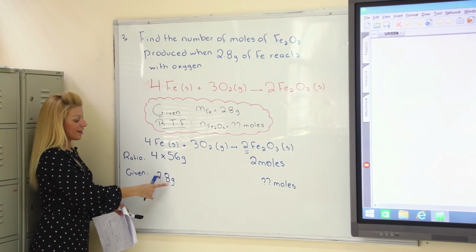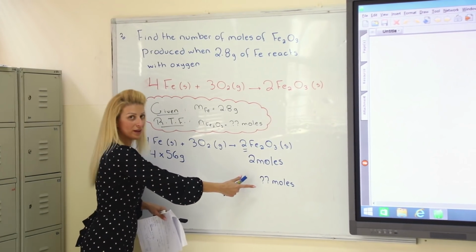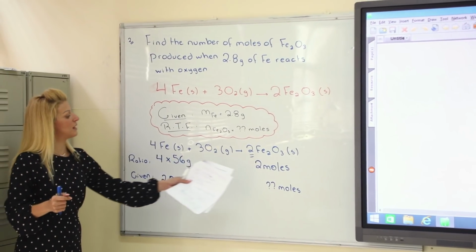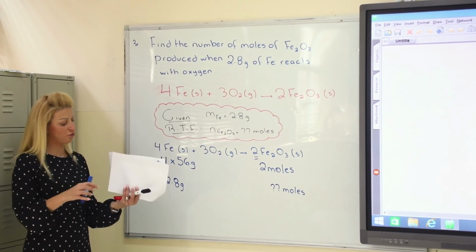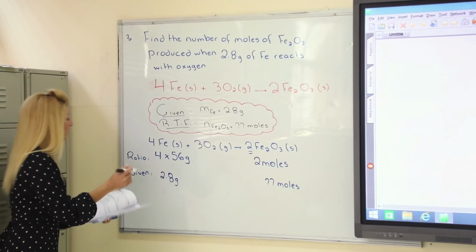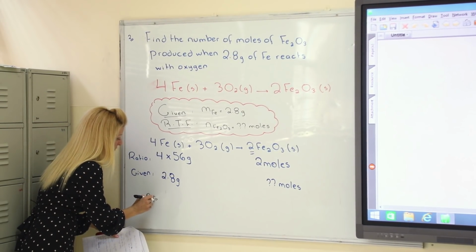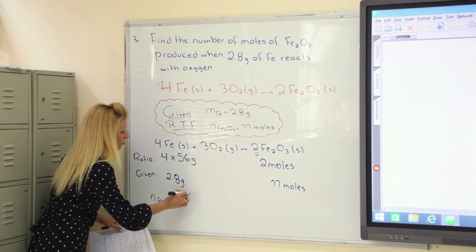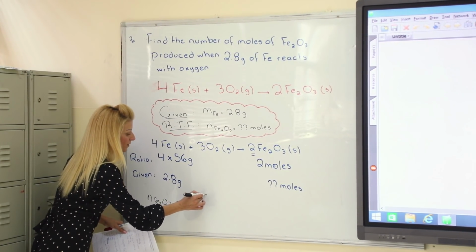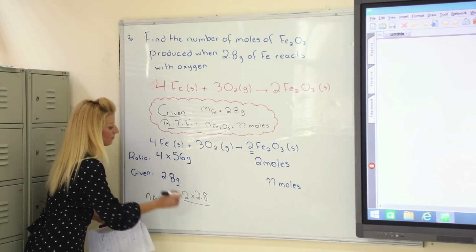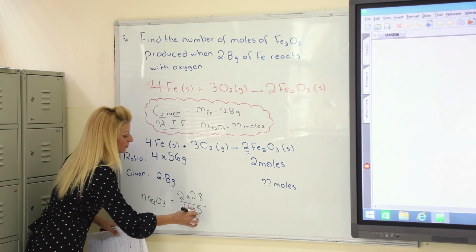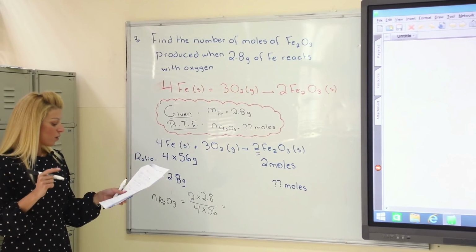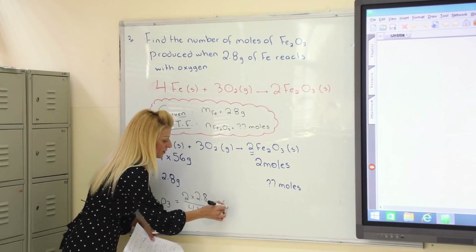So 2.8 grams will give us how many moles? We do a simple cross multiplication to get the number of moles of product formed. The number of moles of Fe2O3 will then be equal to 2 times 2.8 divided by 4 times 56. If we go to our calculators, we can see that the answer will be 0.025 moles.